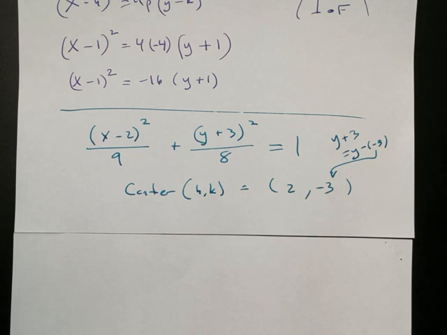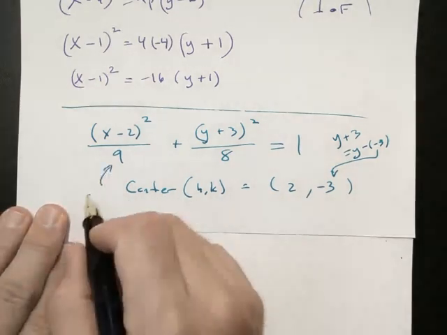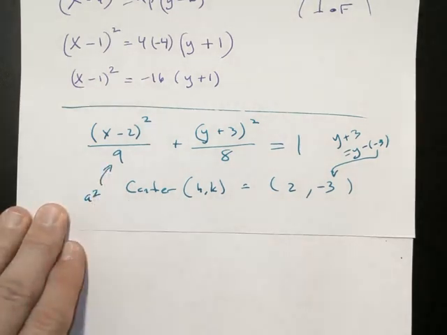How do I get vertices and minor points and foci? Those come from A, B, and C. So what's A in this ellipse? Almost. The 9 is A squared, because it's always the bigger one.